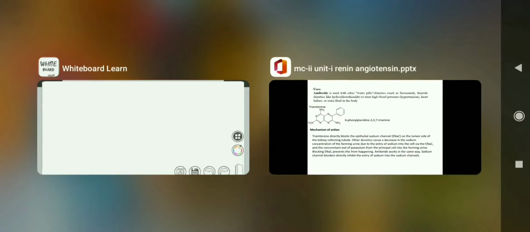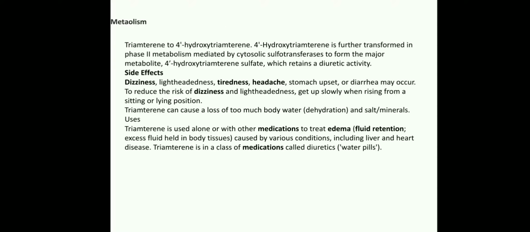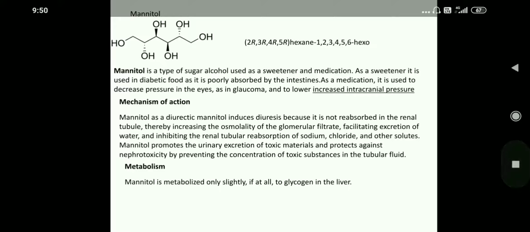Okay, so let's see the metabolism. We know that the drug has to undergo two phases of metabolism: phase 1 and phase 2 transformations. Triamterene undergoes phase 1, in which it is subjected to hydroxylation to get 4 hydroxy triamterene. So here, let's draw.